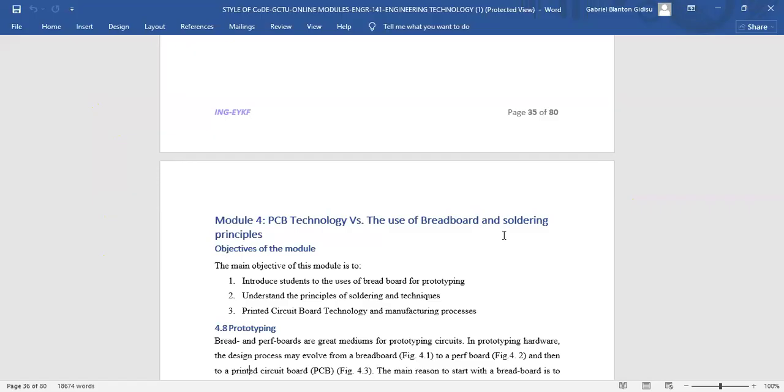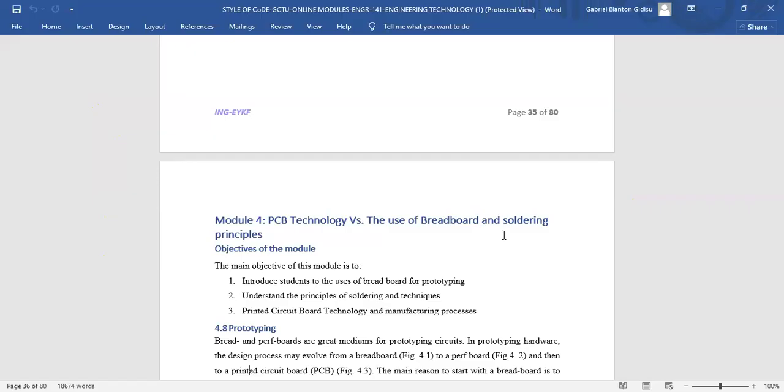So let's start with prototyping. Breadboard and PEF boards are great mediums for prototyping circuits. In prototyping hardware, the design process may evolve from breadboard.